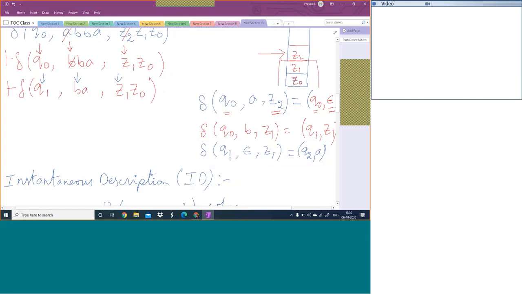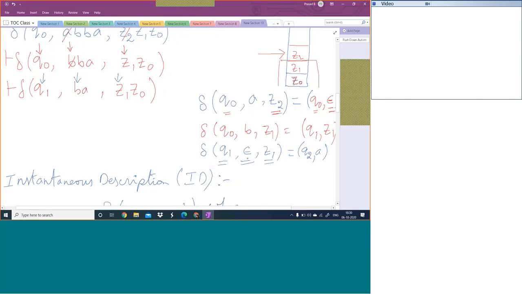I repeat, the meaning of this move is when the machine is in Q1 and the top symbol in the stack is Z1, then don't take the input symbol. That is the meaning of this epsilon.